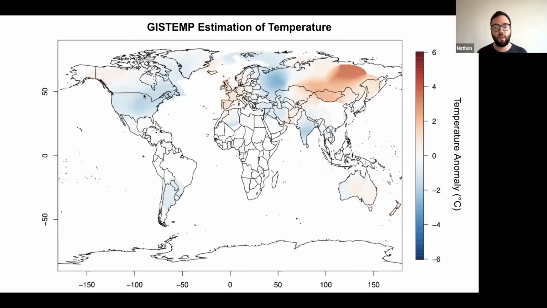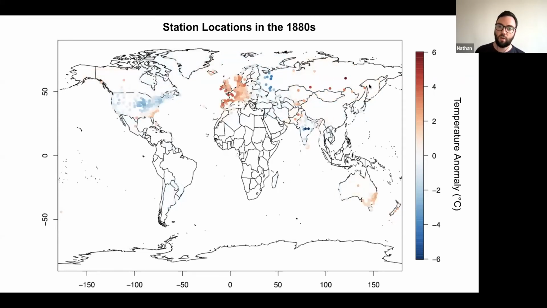I'm going to flip back and forth a few times just so you can see. You can pay attention to these stations up here, which might be an easier place to see it. Here we have stations throughout Russia, and with the GISTemp procedure, we know that these stations describe a range of around 1,000 kilometers around them. So when we put that into a map, we get something that looks like this.